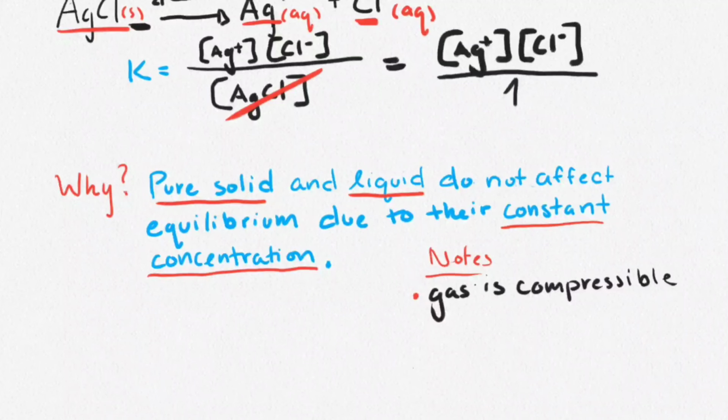And then next is aqueous. Aqueous is dissolvable in water, so that automatically affects the concentrations. Liquid is just liquid.